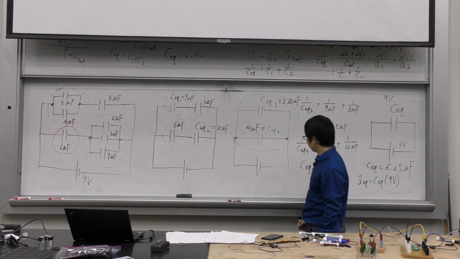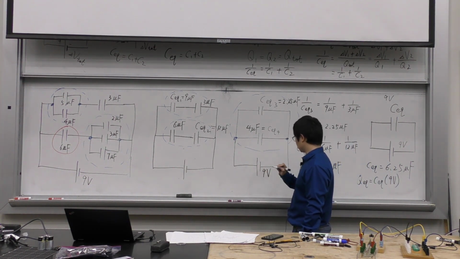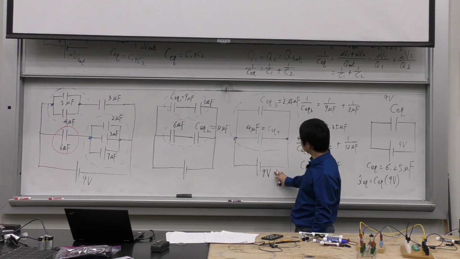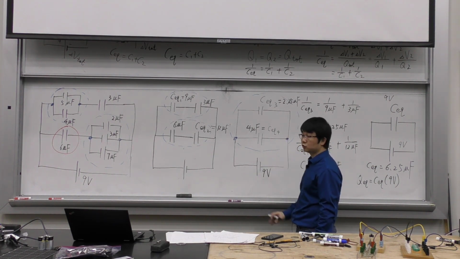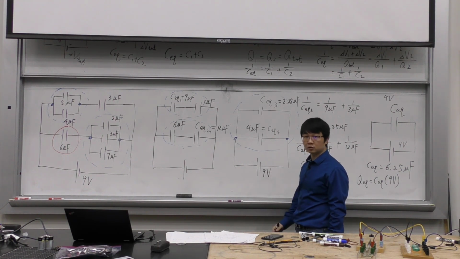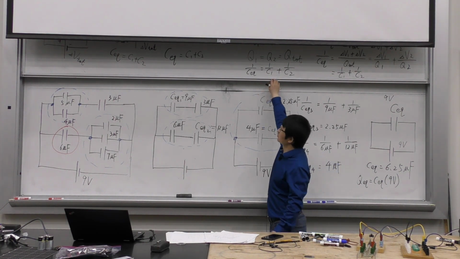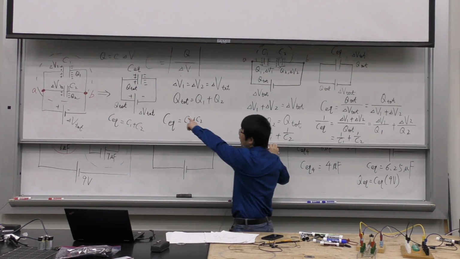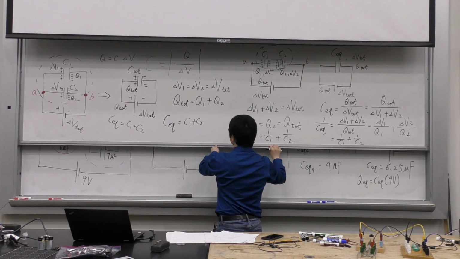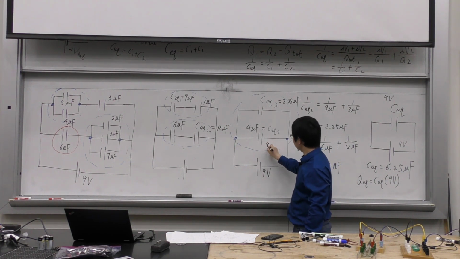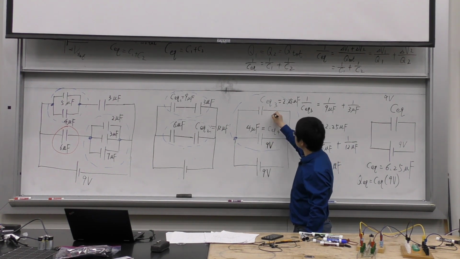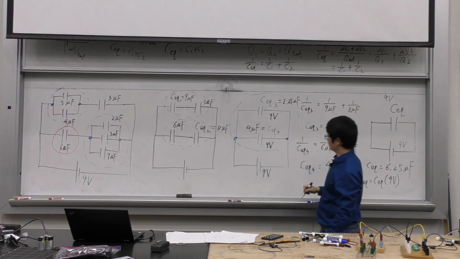Now, for example, this is still 9 volts, right? These two are in parallel, so they should have the same voltage. That's the theory for the parallel circuit. If they're in parallel, they must have the same voltage. Nice. So that means this one is going to have 9 volts on it, and this one is going to have 9 volts on it, right?